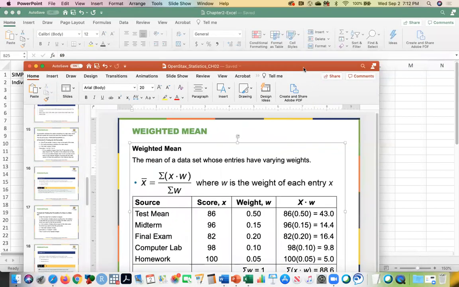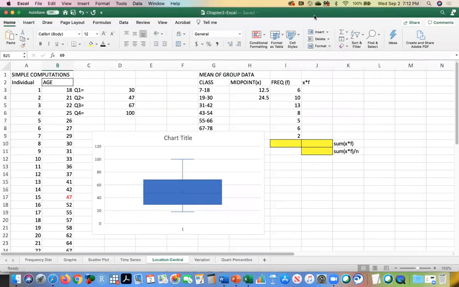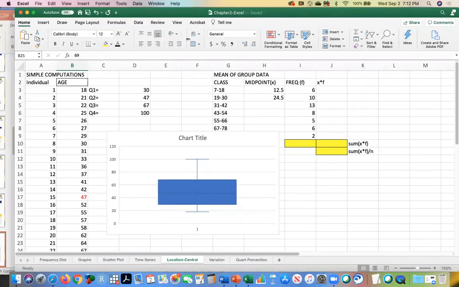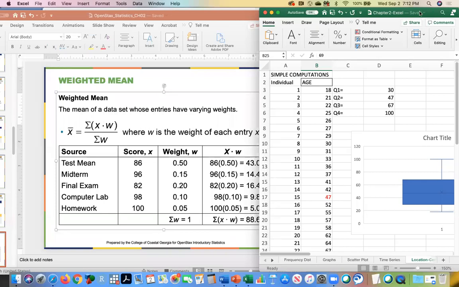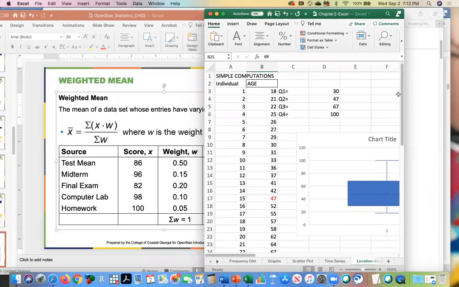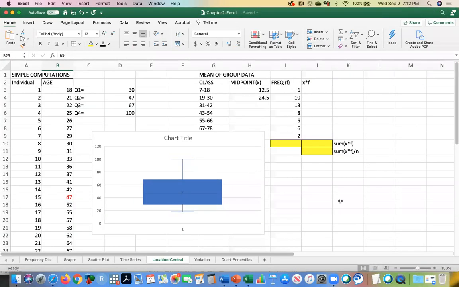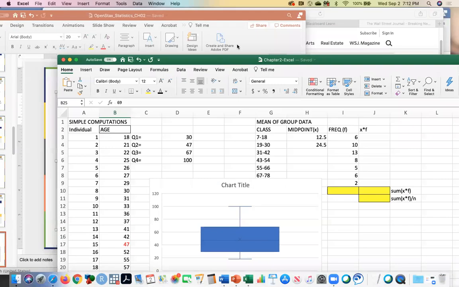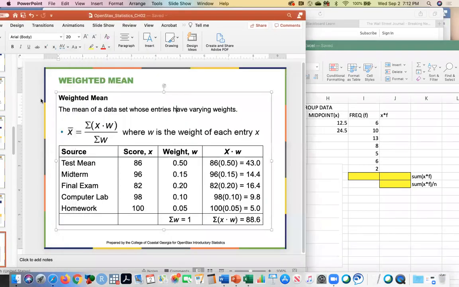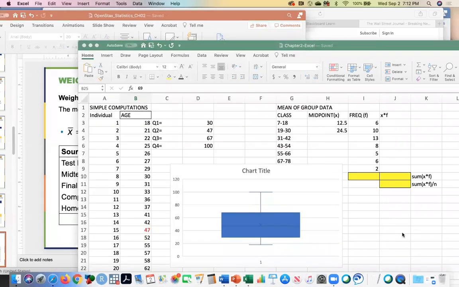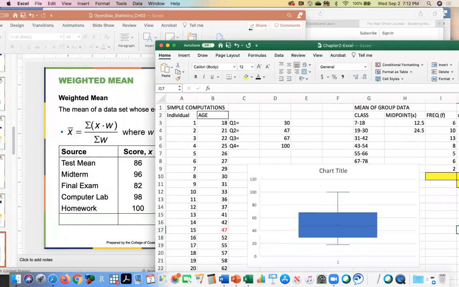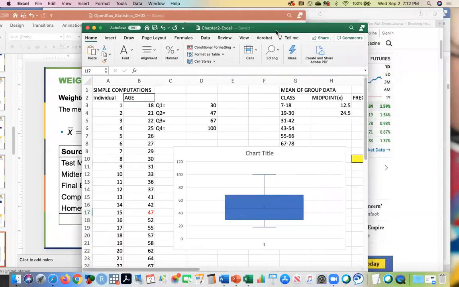So what happened is, oh, this is the weighted average. So hold on. Mean of group data. I didn't do the weighted average, but you can do it very easily. In this case, you are applying weights. So let me do it faster. I don't like my small screen, but that's the only way I have.